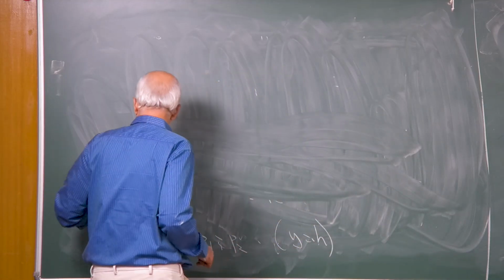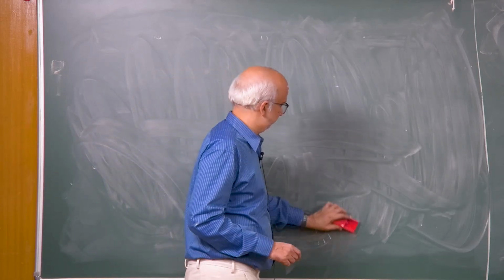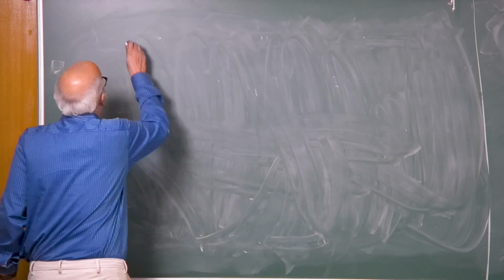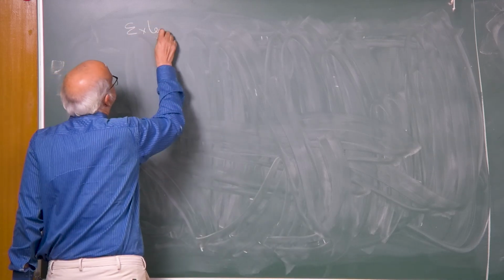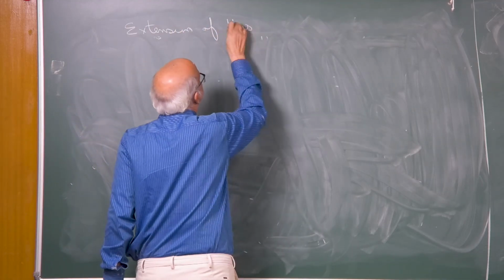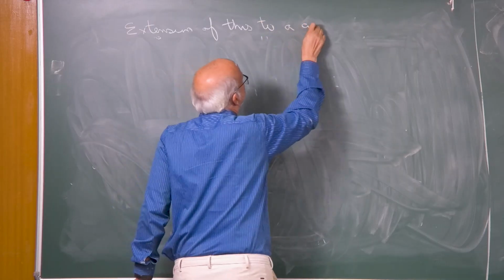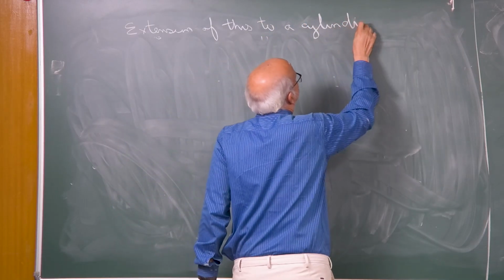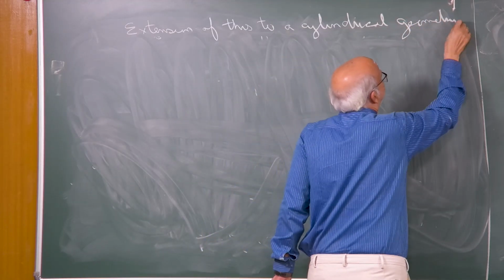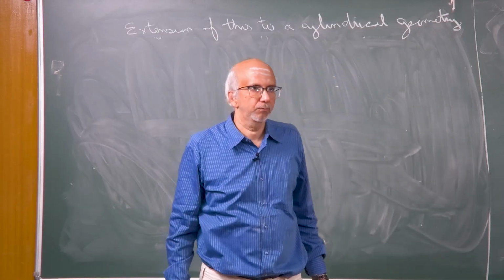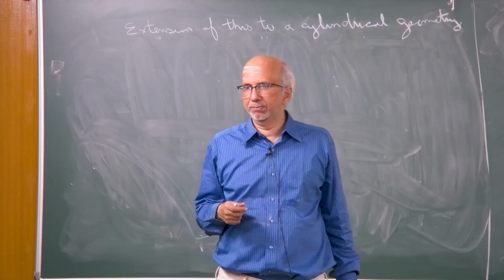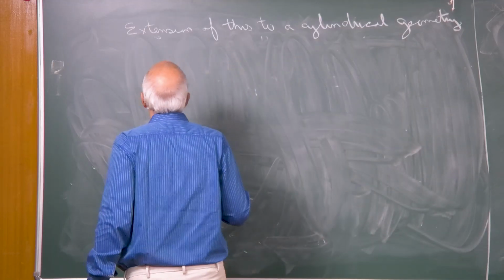Let us talk a bit about the extension of this to a cylindrical geometry. Now the cross section is going to be circular, and again I have two fluids flowing side by side.